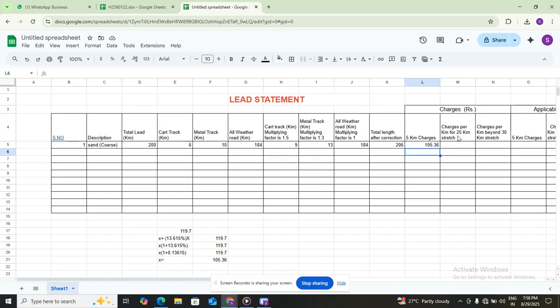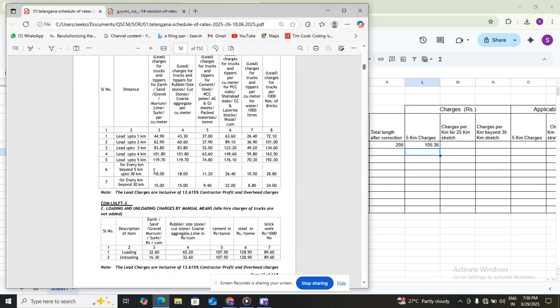Okay, charges per kilometer for the 25 kilometer stretch. We need to go to the SOR. Okay, check once here. For every kilometer beyond 5 kilometers up to 30 kilometers, 18 rupees is applicable. Please remember, for every kilometer beyond 5 kilometers up to 30 kilometers, 18 rupees is applicable. This also includes contractor profit plus overhead, so we need to remove that.